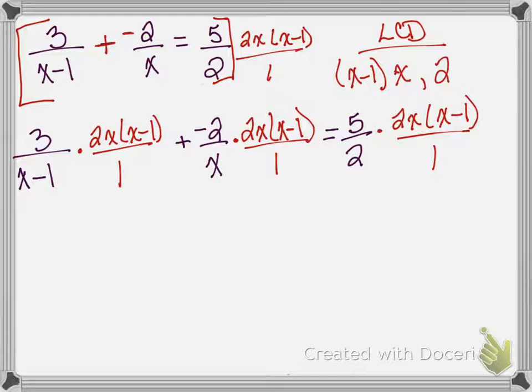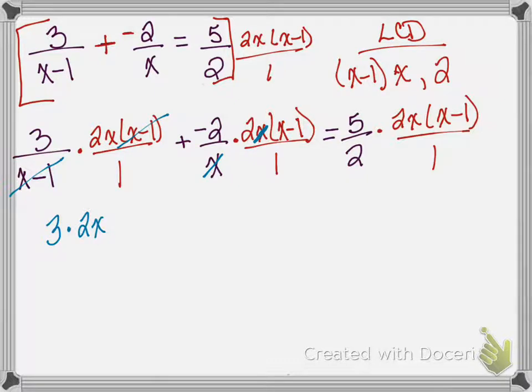Now what we're going to do is if it shows up in the top and the bottom, we are going to cancel it out. So for my first one, I have x minus 1 and I have x minus 1. So I'm left with 3 times 2x. Okay? For my second one, I have x and I have x. Okay, so I'm left with negative 2 times x minus 1.